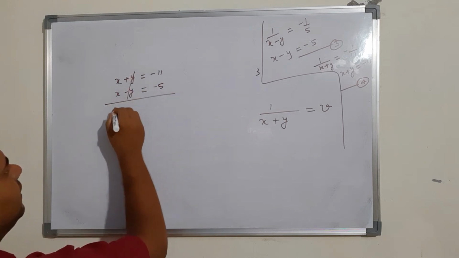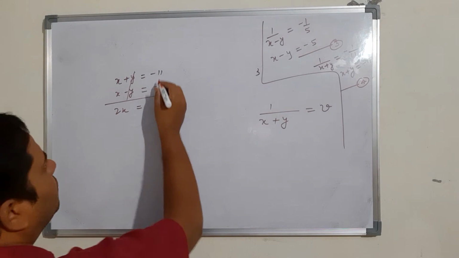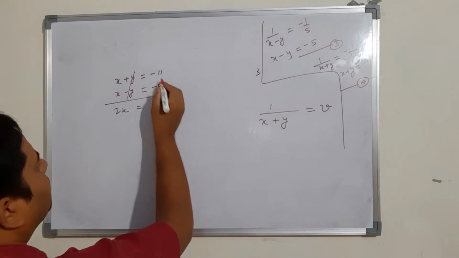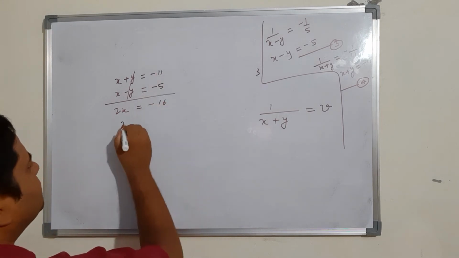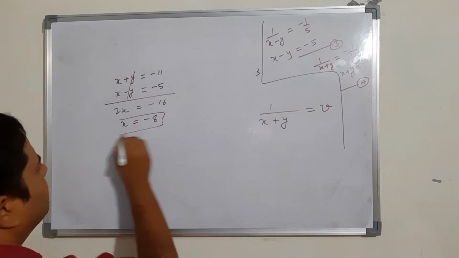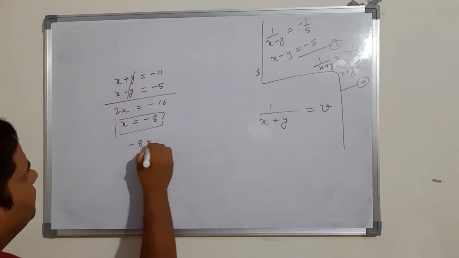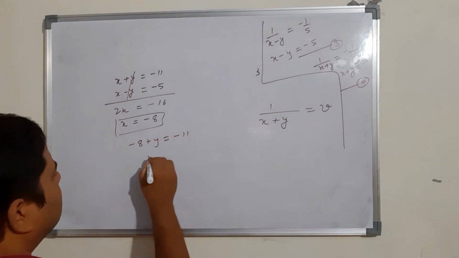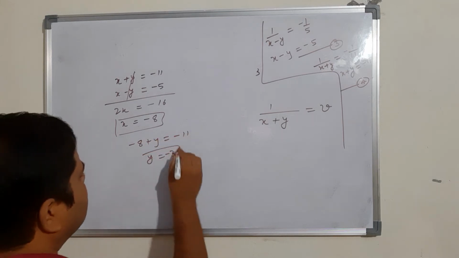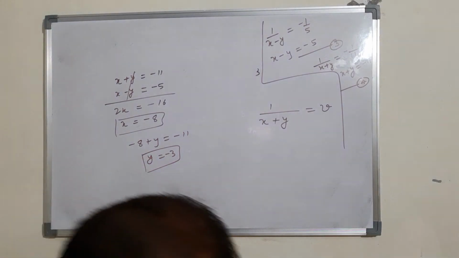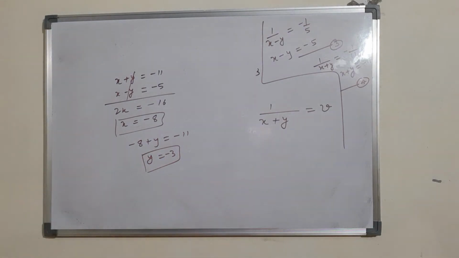On adding it, 2x is equal to minus 16, so x will be minus 8, and putting the value of x, minus 8 plus y is equal to minus 11, so y is equal to minus 3. So this is the value of x and y.